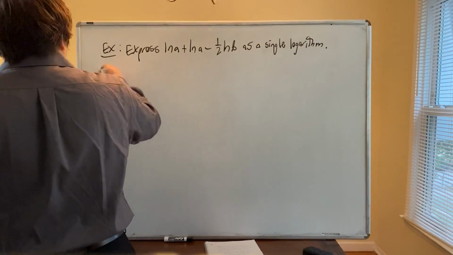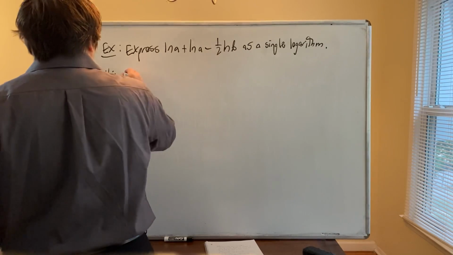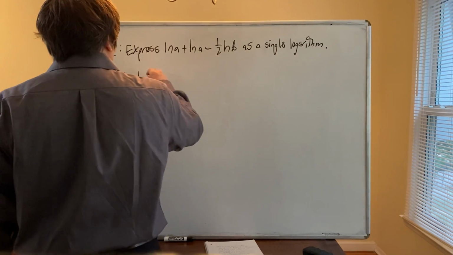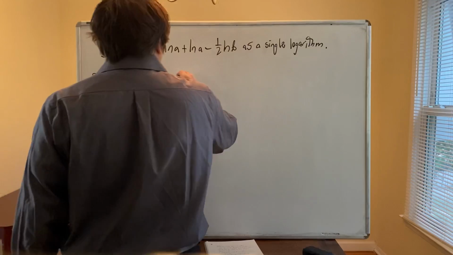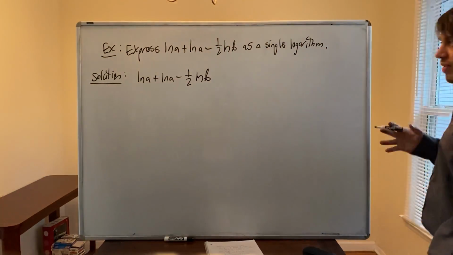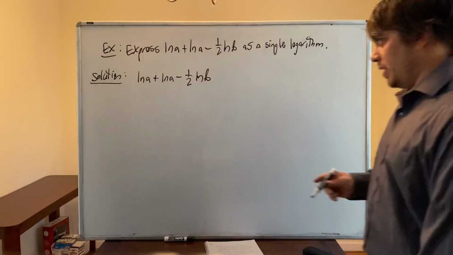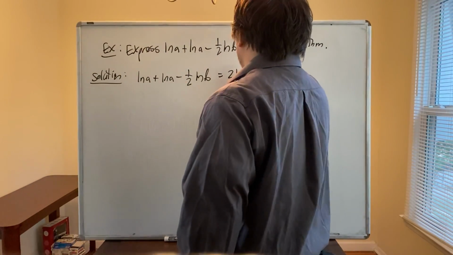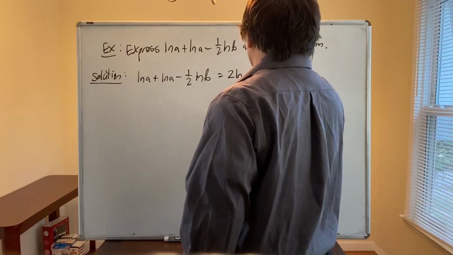Okay, solution. Okay, so ln A plus ln A minus 1/2 ln B is equal to 2 ln A minus 1/2 ln B.